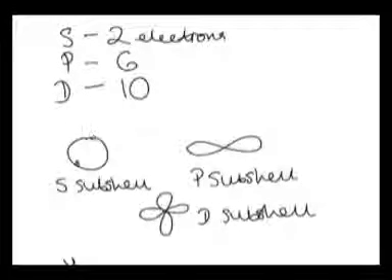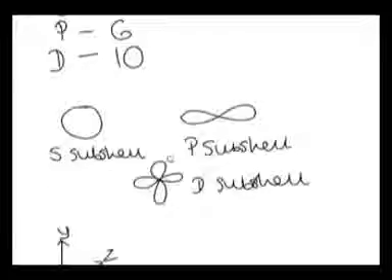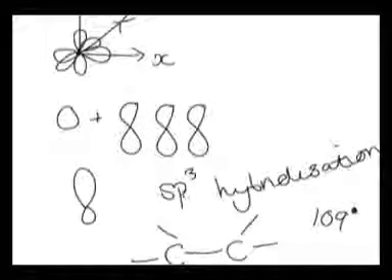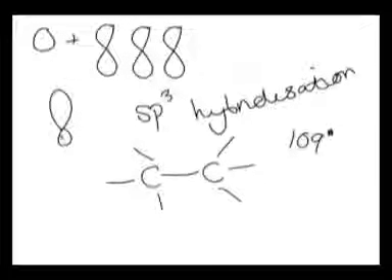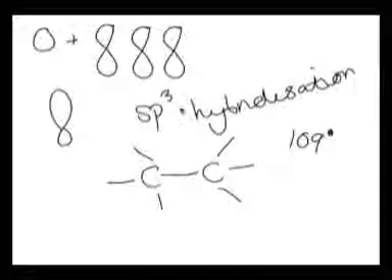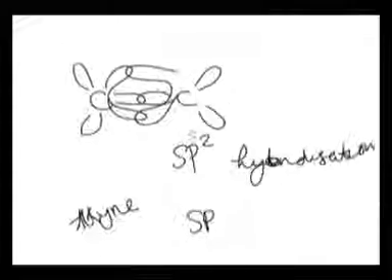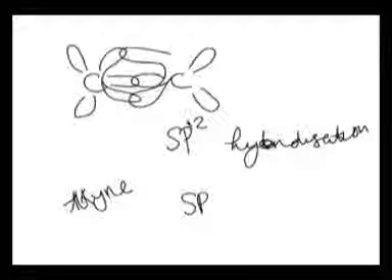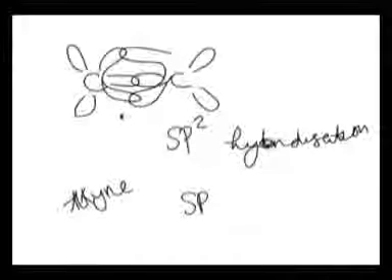S is spherically shaped, and P subshells have 2 lobes with a node just in the middle there. And then they hybridize to form this shape here with one large lobe and one little lobe. So there are no longer these defined different shapes. It's sp3 hybridization to form a tetrahedral 109 degree shape, except in the situations where there is a pi bond formed to create a double bond, such as in ethene or ethyne. And that is everything.